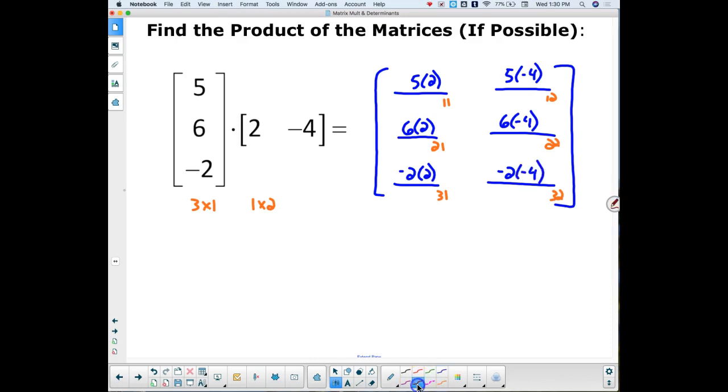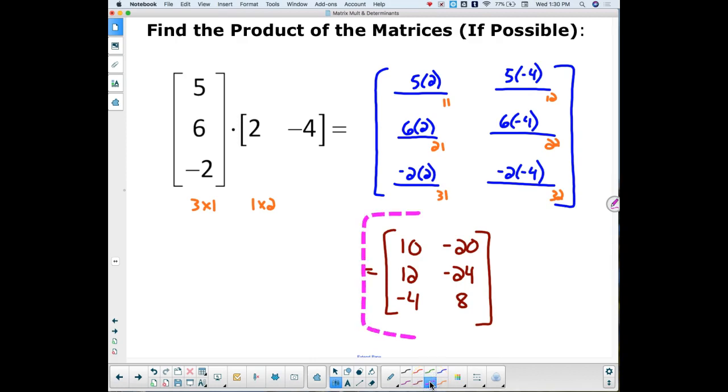Gives me 10, negative 20, 12, negative 24, negative 4, and 8. Yes? Love it.